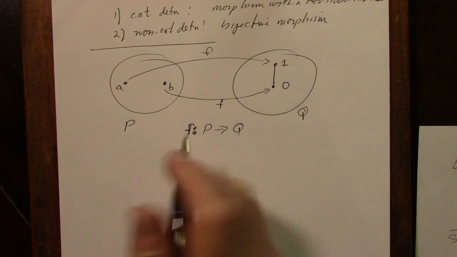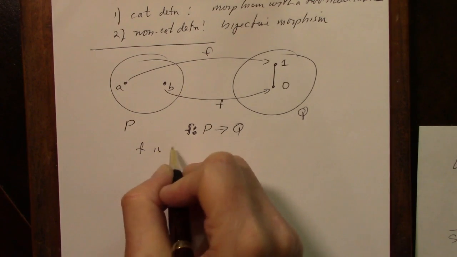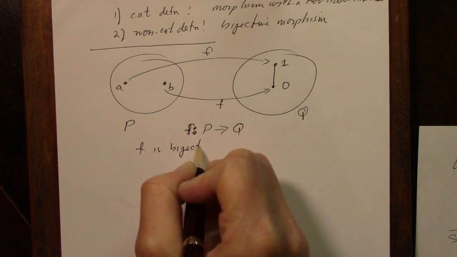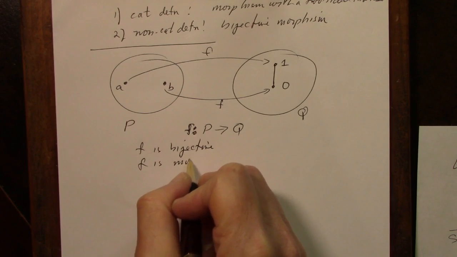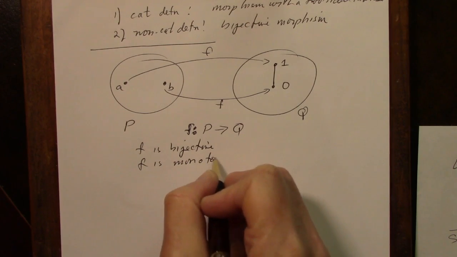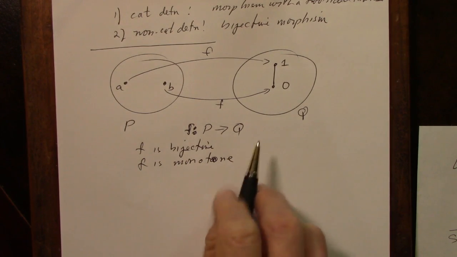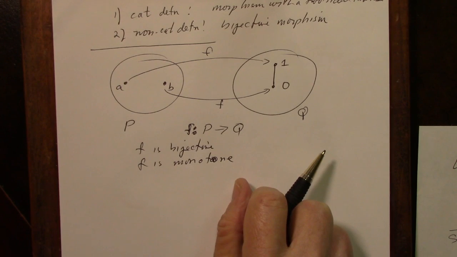F is bijective. F is monotone. In other words, it preserves the order, but it is not an isomorphism.